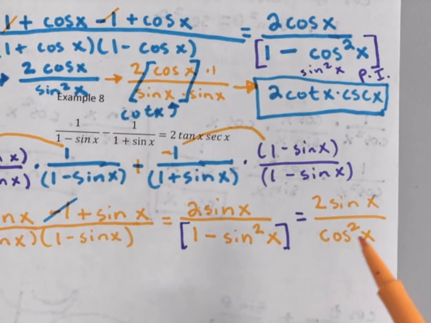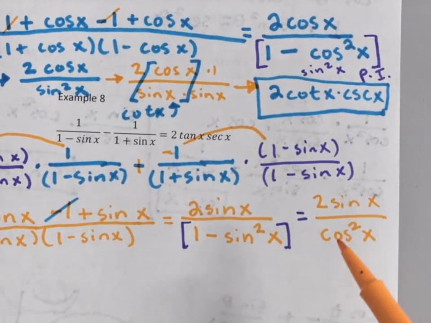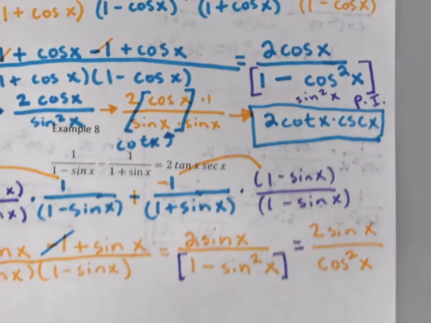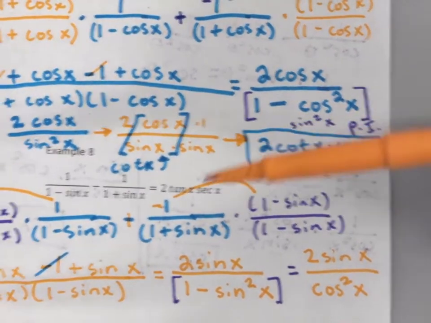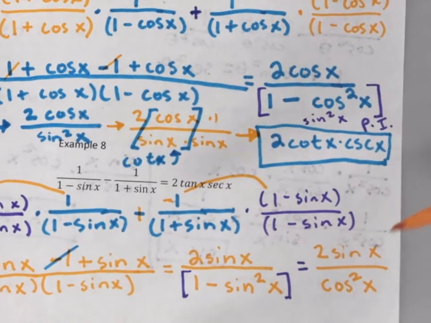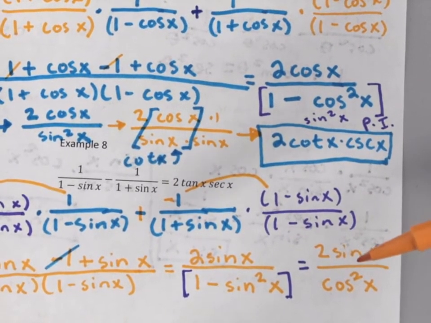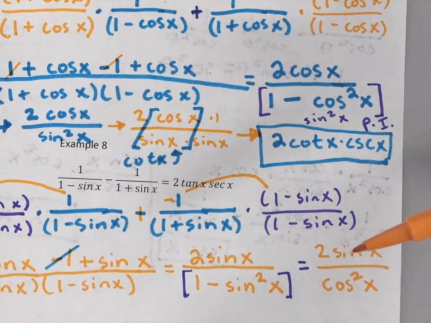Right, and then like before, I'll need to split up this cosine squared. So I can have sine over one of the cosines. And then one cosine will be on the bottom by itself, but then I can find the reciprocal. And at this point, I would be like, what's my goal? What am I trying to get it as? Tangent. But what's tangent? What goes on top with the tangent? Sine. Yeah, sine over cosine. So that'd be one of them.